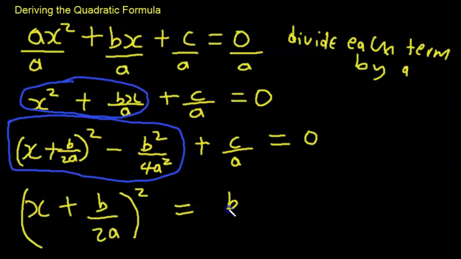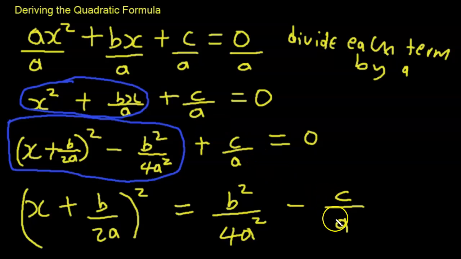That is b squared over 4a squared. Add that to both sides. If you want to say you bring it over, it becomes positive. We subtract c over a from both sides. So this will be gone. Or you see you bring over the positive c over a. So we have minus c over a over here. So we do that grouping.